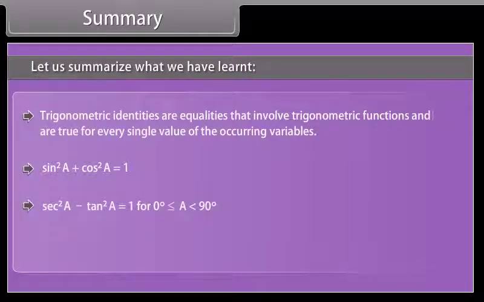Sec square A minus tan square A is equal to 1 for 0 degree is smaller than or equal to A, which is smaller than 90 degree. Cosec square A is equal to 1 plus cot square A for 0 degree is smaller than A, which is smaller than or equal to 90 degree.